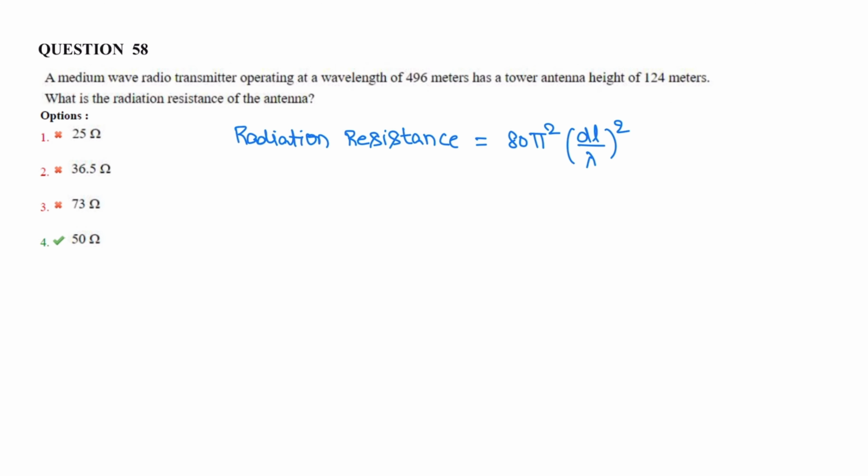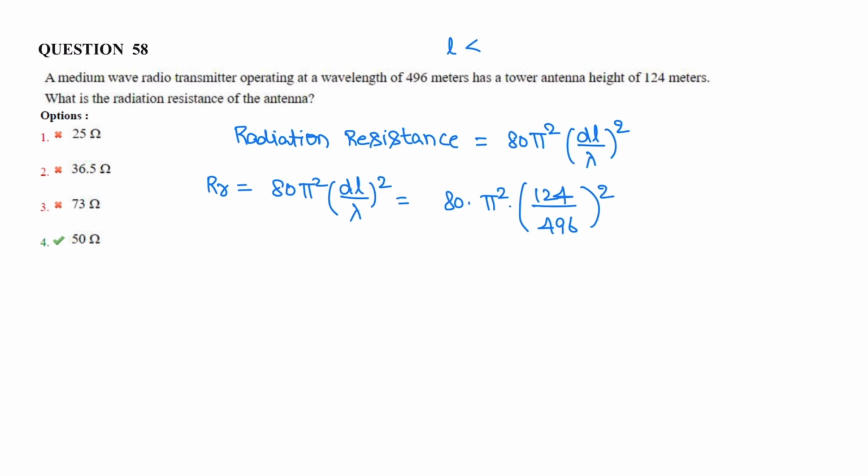For a Hertzian dipole or short dipole, the radiation resistance is given as 80 pi squared times (dl by lambda) whole squared. The height of the antenna is 124 meters and the wavelength is 496. In the question, the length of the antenna is far less than lambda, so it's a Hertzian dipole.